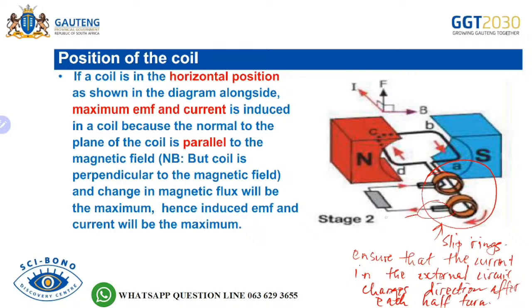And you are also having brushes there. This is a brush, so there are two brushes there. So what is the function of a carbon brush in a generator, whether it is AC or DC? A brush makes contact with the slip rings to ensure that the current also reaches the external circuit.